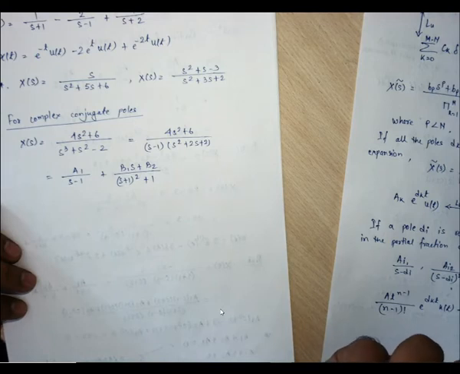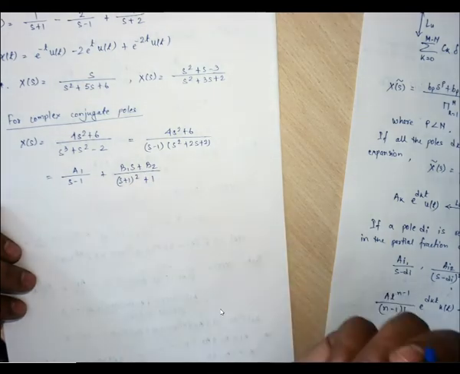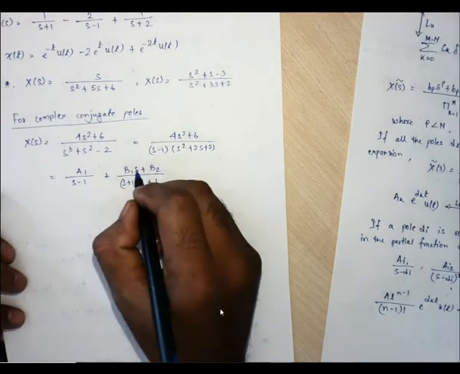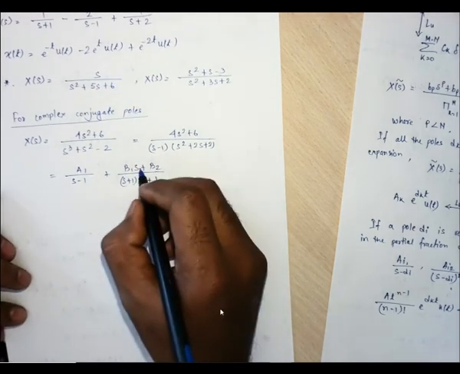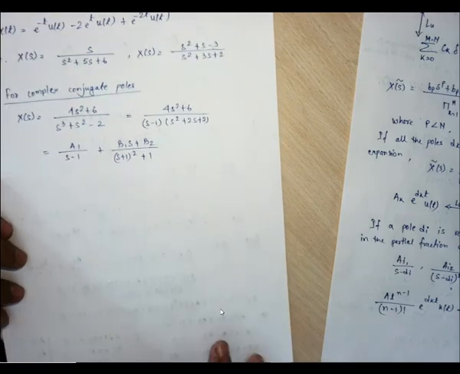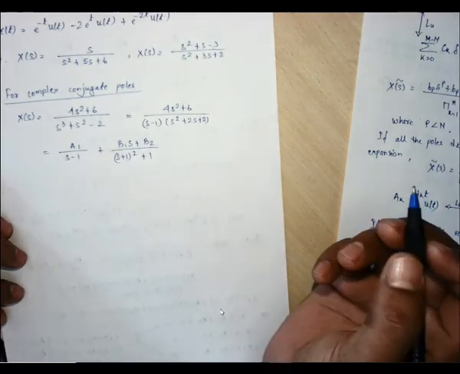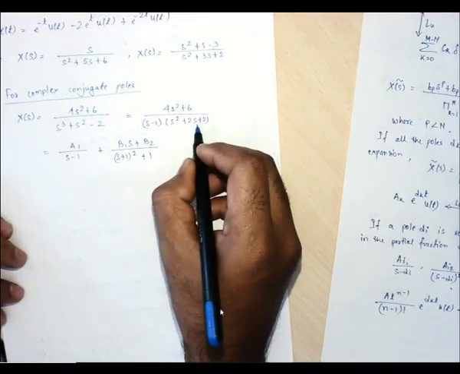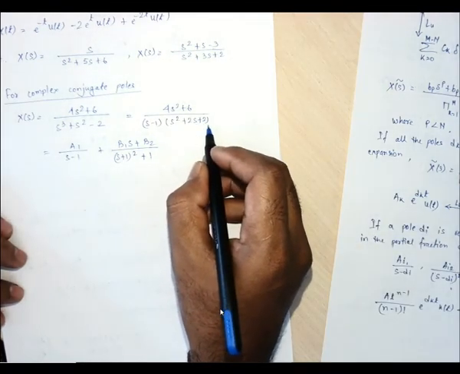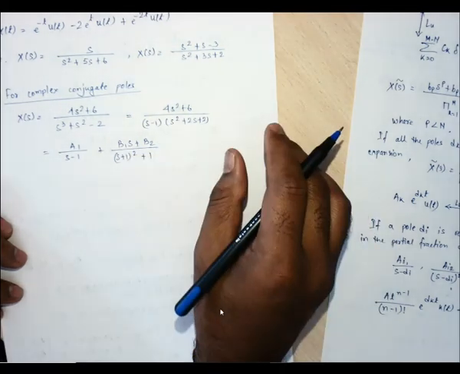Previously we were simply writing a1, a2, a3. Now we need to write some constant times s plus some constant. For this one, it is obviously a complex conjugate pole, so we need to write b1 s plus b2.